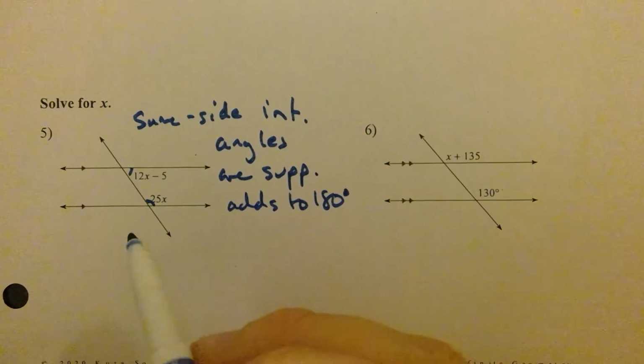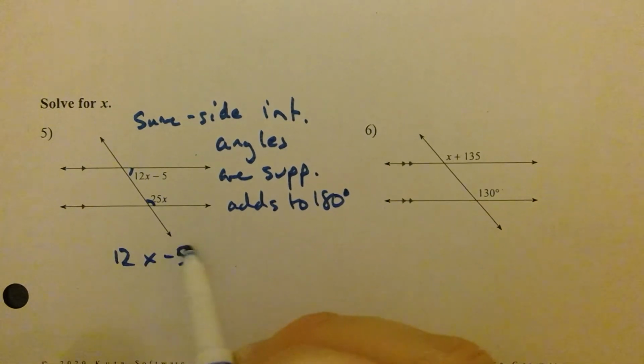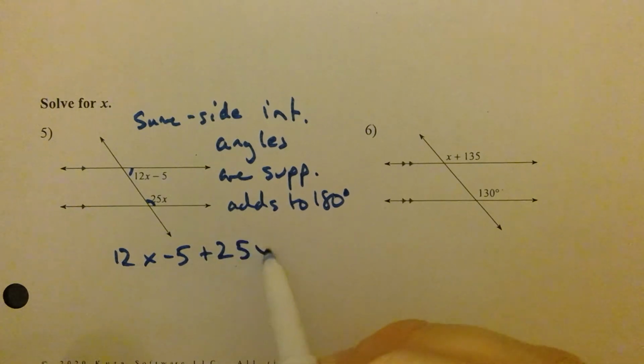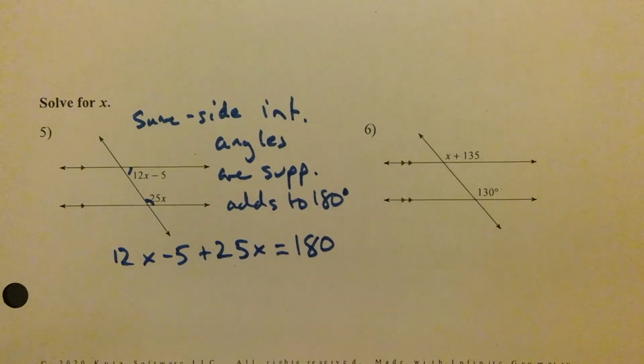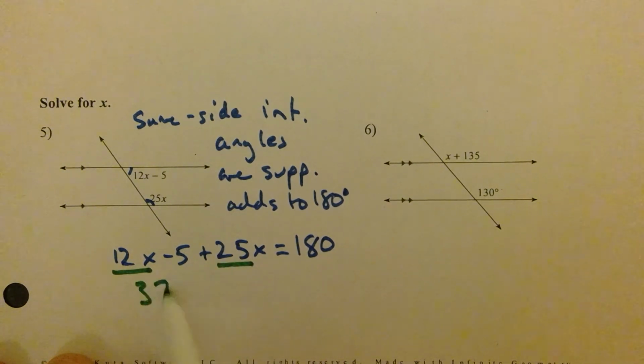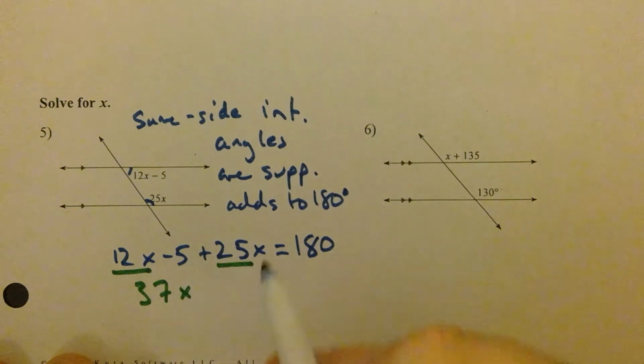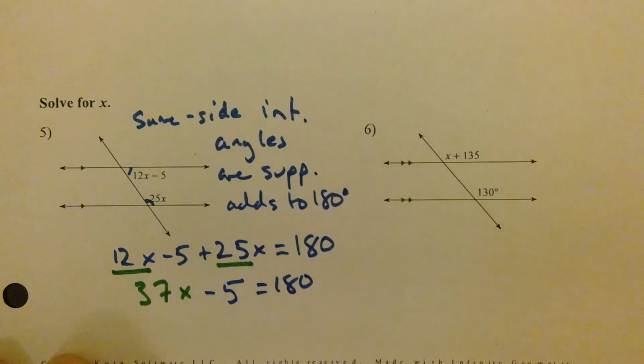Okay, if you recall, supplementary means adds to 180 degrees. So let's go ahead and make our equations. We have 12x minus 5 plus 25x equals 180. Now, I see this mistake a lot. Since we have 12x and 25x on the same side of the equal sign, we have to combine them. Okay, I'm going to use a different color here. We're going to combine them to make 37x minus 5 equals 180.